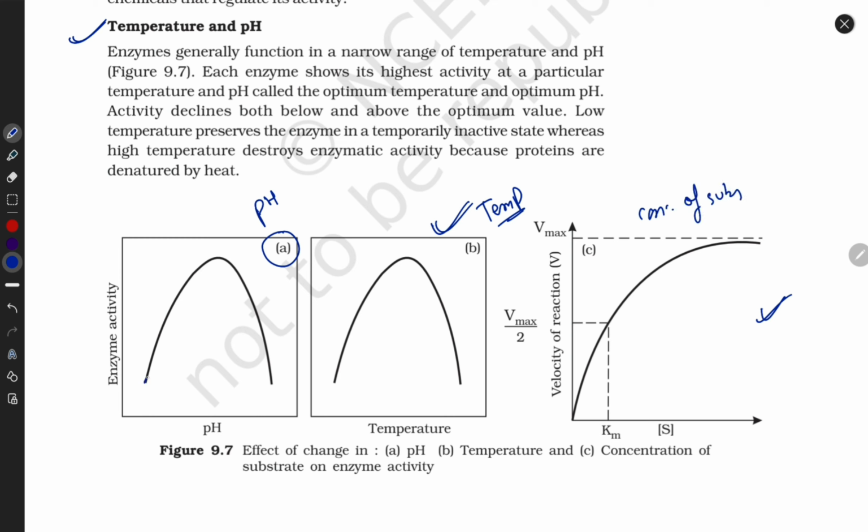If we increase pH, at a specific point the enzymatic activity shows its highest efficiency, but beyond that, further pH decreases the activity. As temperature increases slowly, the enzymatic efficiency also increases, but after a peak it decreases.